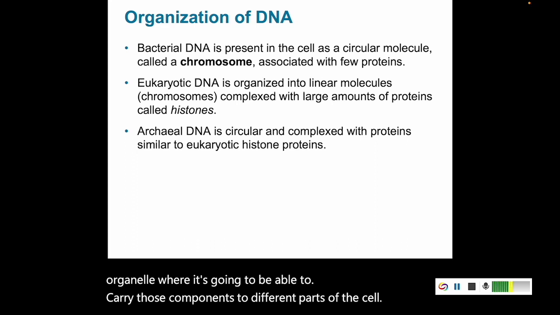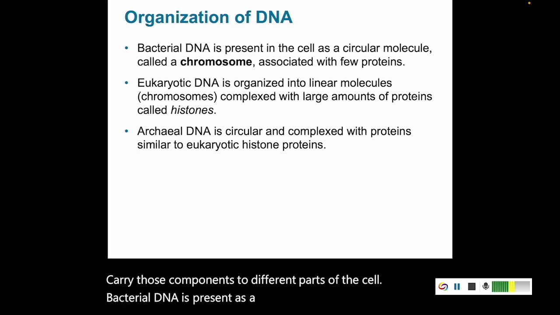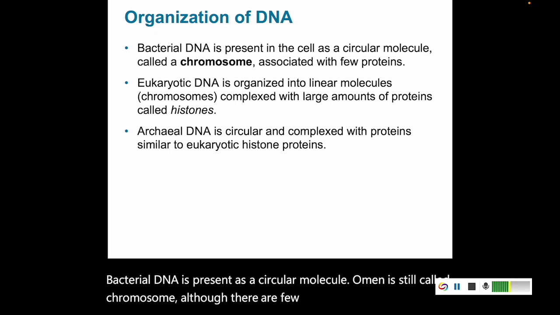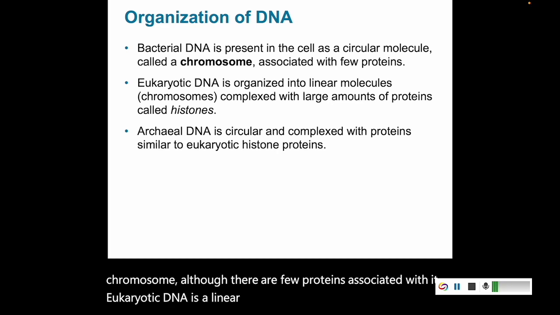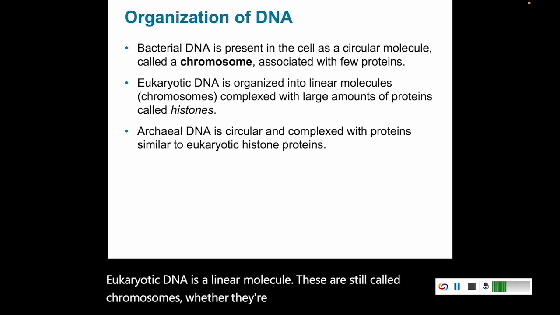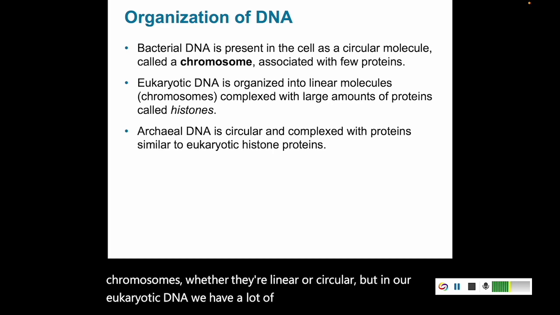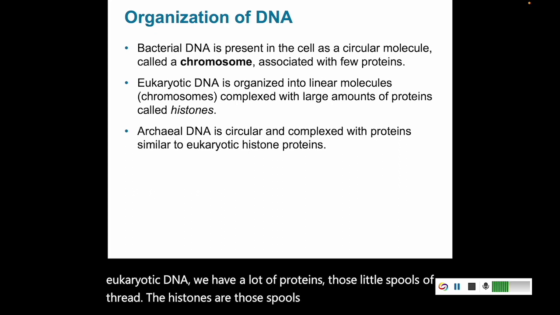Bacterial DNA is present as a circular molecule. It is still called a chromosome, although there are a few proteins associated with it. Eukaryotic DNA is a linear molecule. These are still called chromosomes, whether they're linear or circular. But in our eukaryotic DNA, we have a lot of proteins, those little spools of thread. The histones are those spools that the eukaryotic DNA is wrapped around.